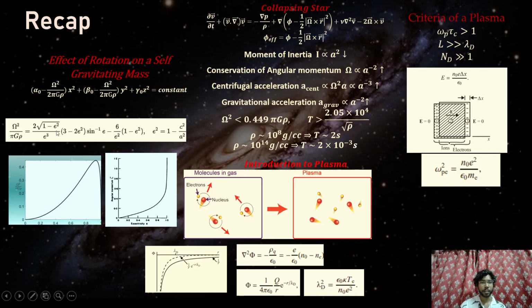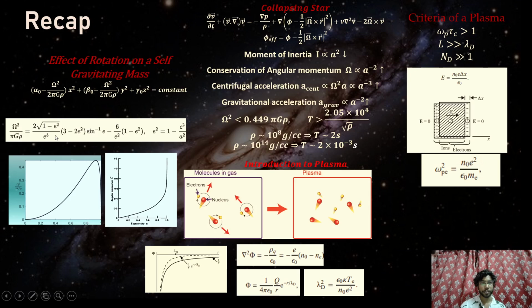If I write it in terms of the eccentricity of the spheroid, you can write the equation like this, where alpha naught, beta naught, and gamma naught could be expressed in terms of A, B, and C, which were the semi-major axis and the minor axis of the spheroid. So you can write the angular velocity in terms of the eccentricity.